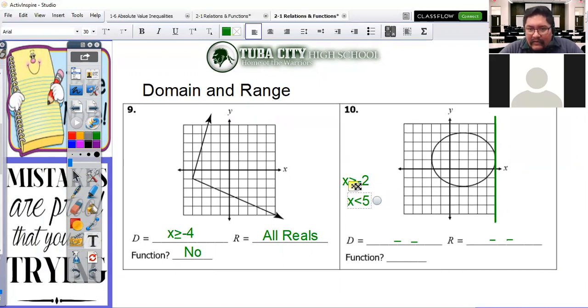So if I write it down, I have x less than 5. Now what I need to do is take this and put it here so that I end up with a between statement. Just like when we were working with inequalities and interval notation, this is going to be a between statement. So I'm going to take that x is greater than -2 and flip it all the way around.